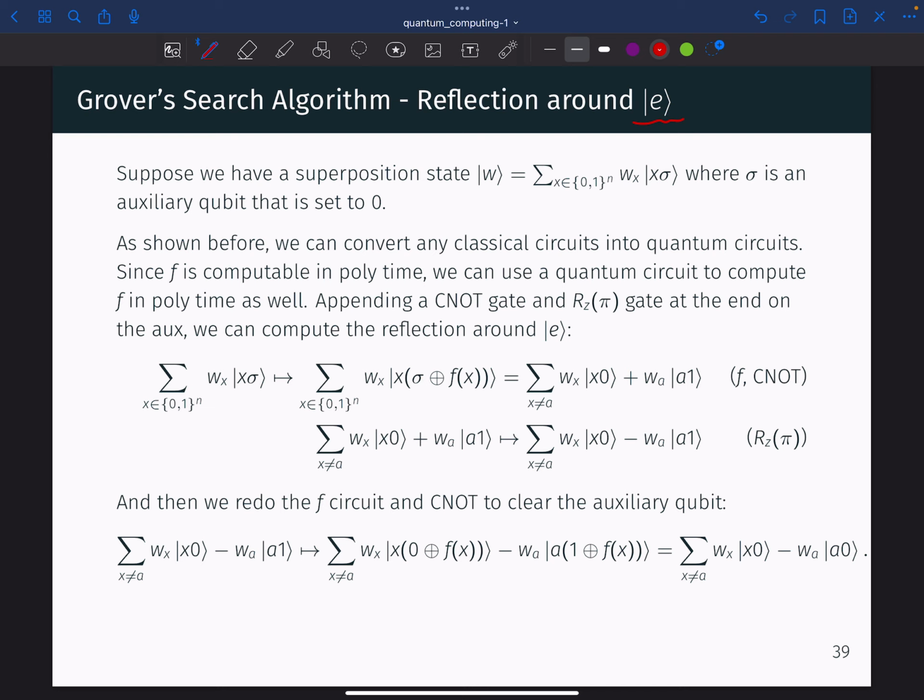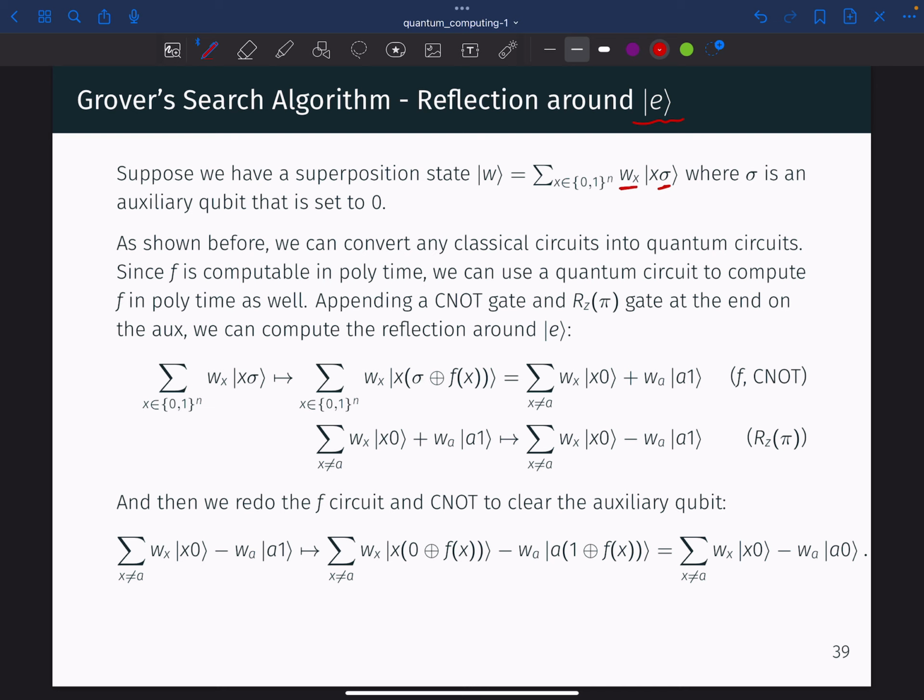Suppose we are now in a state W. We can write it as a sum where you go through all different possible bit strings, and each one has a different amplitude, and then you also have the auxiliary qubit, which is set to 0 at the start of this subroutine.